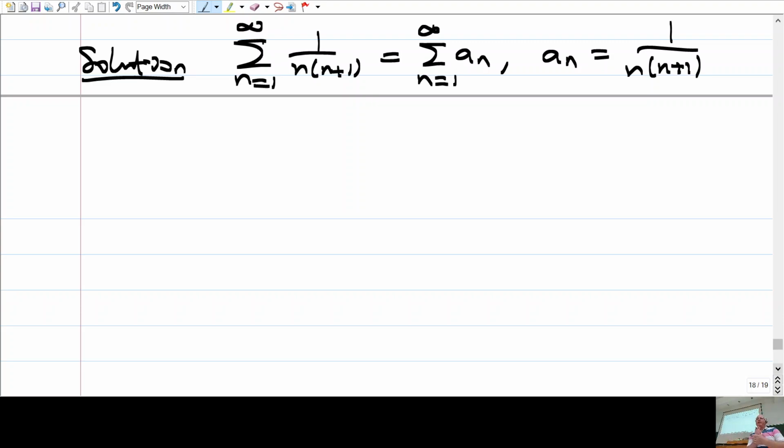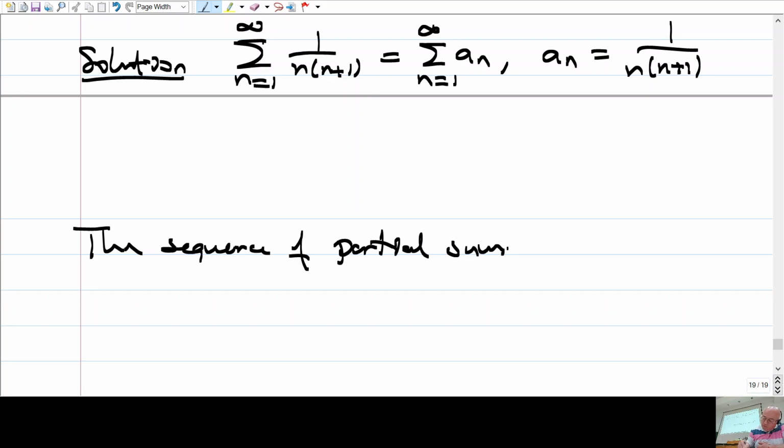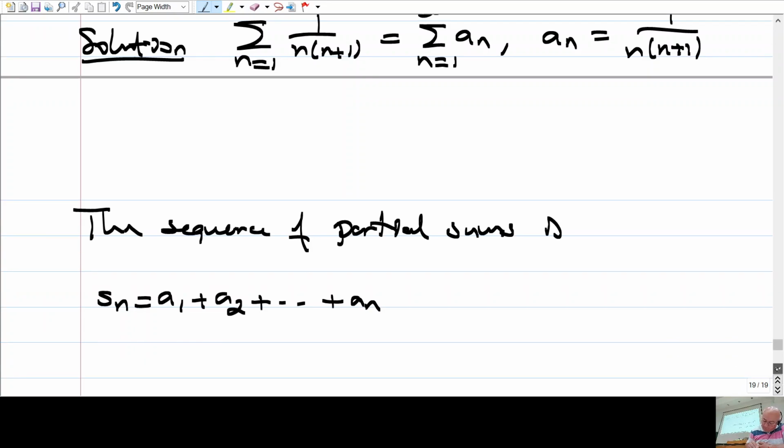To check whether it is convergent or not, we have to form the sequence of partial sums. The sequence of partial sums is what? Sn. And what is Sn? It is a1 plus a2 up to an.